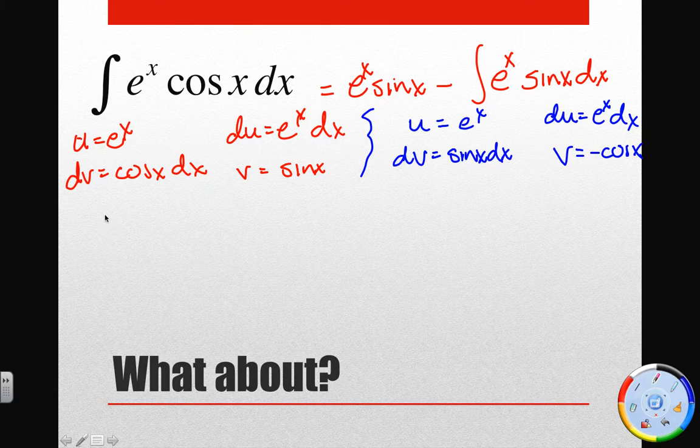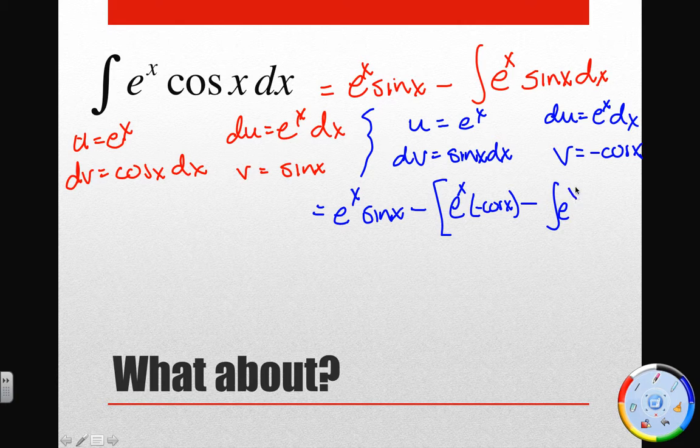This means this is now e to the x sine of x, which was the beginning part, minus uv. So now I'm splitting up this integral by parts. So e to the x times negative cosine of x minus the integral of e to the x... oops, sorry, not sine of x. My fault.